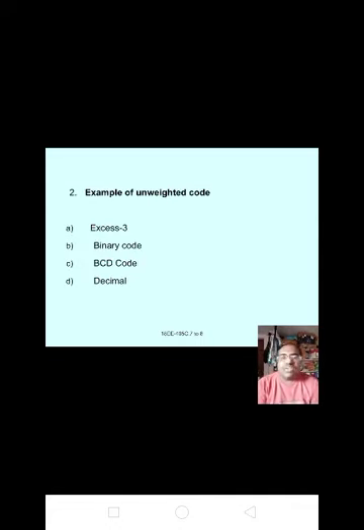Example of unweighted code: A XS3, B binary, C BCD, D decimal. It is A, XS3 code.